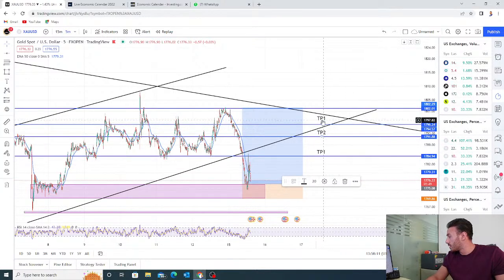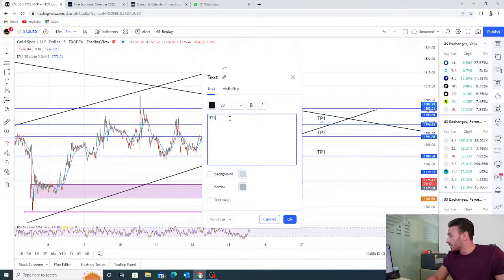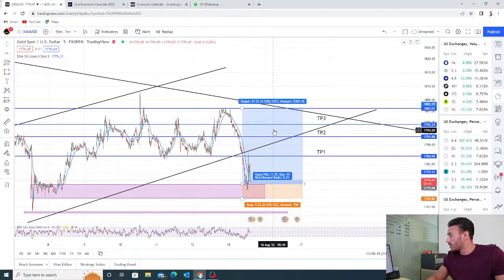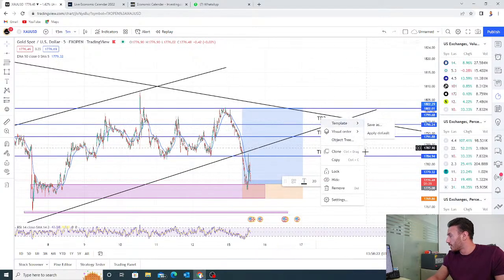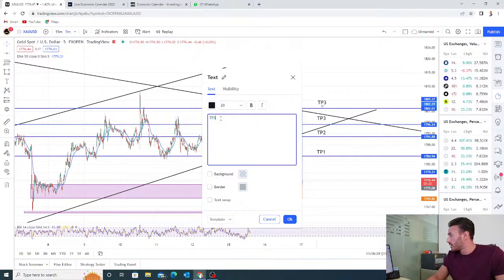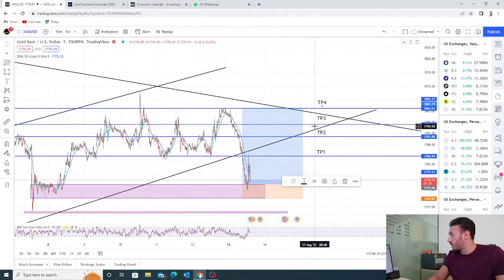And this one is my third take profit. Okay, and here, if I do like this and I do cloning, I will get my fourth and final take profit, which I do not recommend really. Honestly, I will come out completely at my third take profit.